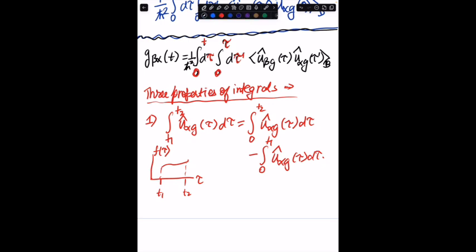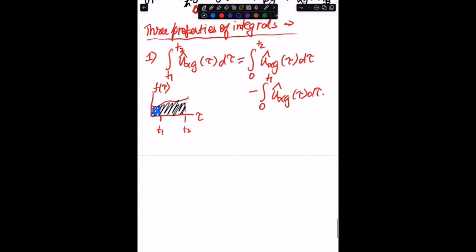You just assume that this f of tau exists in this range and has some arbitrary form. So what you can do is integrate this function from 0 to t2, and subsequently subtract this off. So what you end up getting is the integration region which you require. So that's property number one, and it is very, very simple, right?